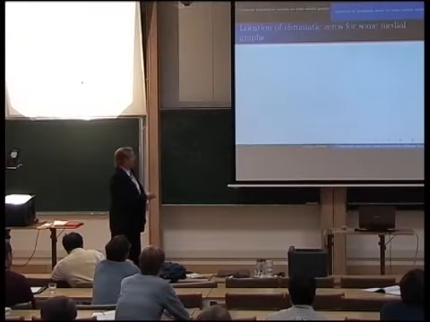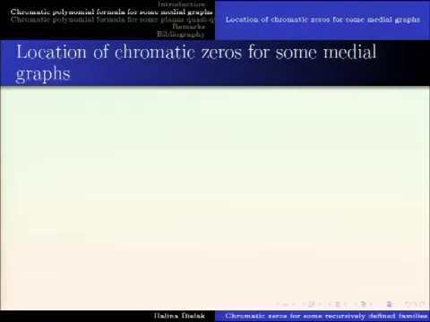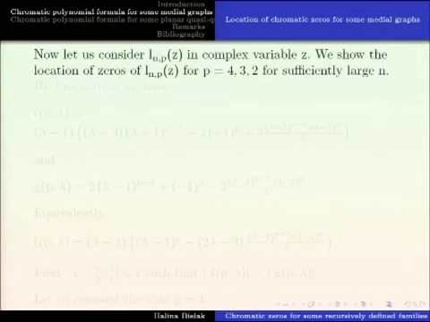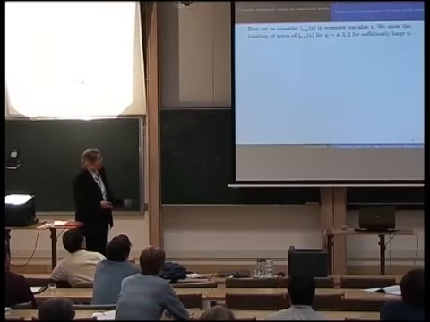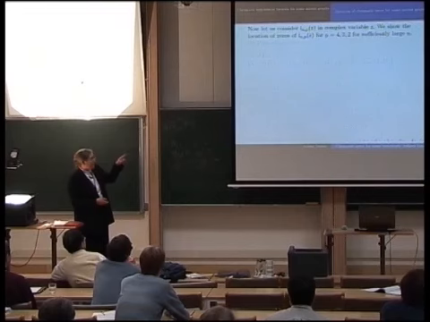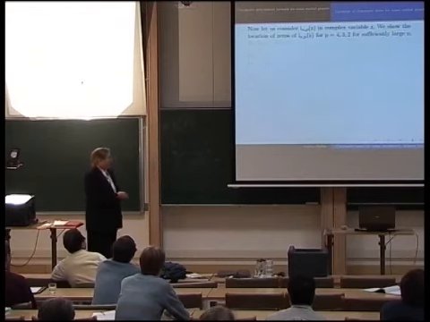So we can now look for the zeros of this chromatic polynomial. If you consider the complex plane, then instead of our lambda, we can consider the variable z, a complex number z. Then I would like to present some results for P in lambda and P in z for p equal 4, 3, or 2, for sufficiently large n.